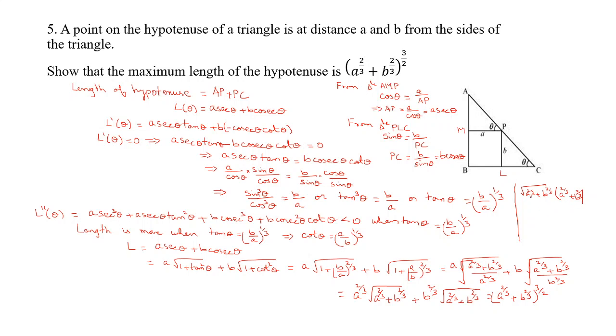So that means it is a to the power 2 by 3 plus b to the power 2 by 3 to the power half, then a to the power 2 by 3 plus b to the power 2 by 3. So this will become 1 plus 1 by 2, so it will come as 3 by 2. So that is what we are asked to prove. The maximum length of the hypotenuse is a to the power 2 by 3 plus b to the power 2 by 3 whole to the power 3 by 2.